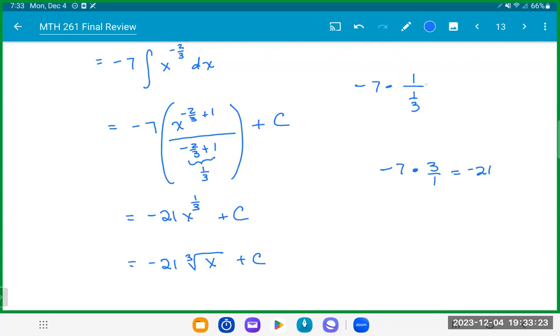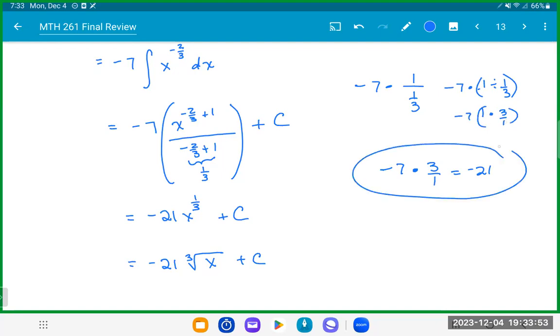So essentially, we're just saying 1 times 1/3. But the 1/3 is in the bottom. So it's really -7 times 1 divided by 1/3, which is 1 times 3 over 1, which is how we end up at that. Okay. Thank you so much.